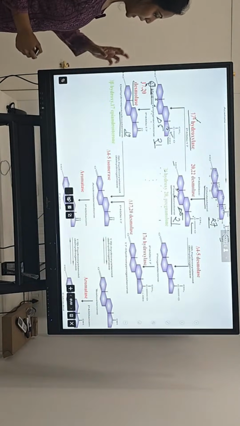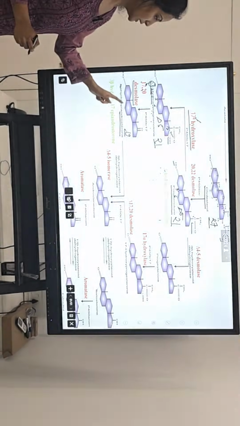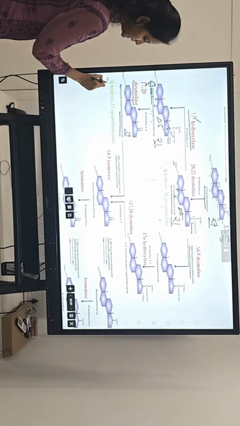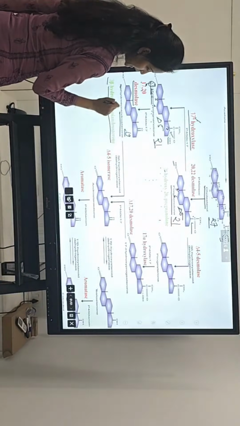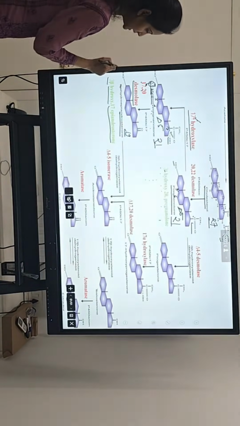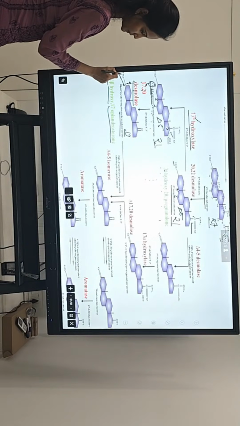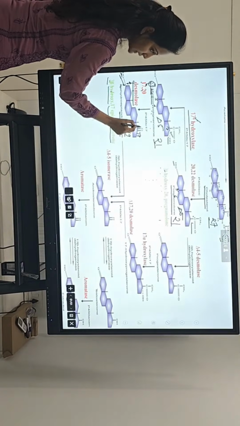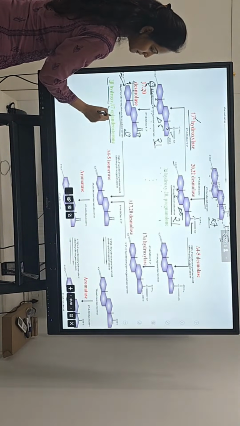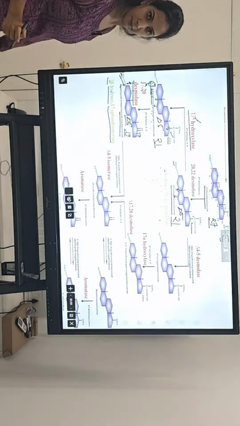If we look at the chemical name of dehydroepiandrosterone, it's 3 beta hydroxy 17 epiandrosterone. Why 3 beta? This is 1, this is 2, this is 3. So there is a hydroxy group at 3 in the beta position. Now in the 17 position there is one ketone group. So 17 epiandrosterone. And this is also a delta 5 compound.